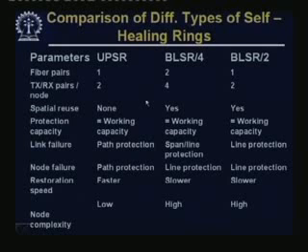So, comparison of different types of self healing rings. What do we mean by self healing? What happens is that the nodes, these ADMs and these SONET gears, are programmed in such a fashion that as soon as they sense a failure, they know what local action to take and how to adjust the switch internally, so that it automatically switches from the working fiber or working span to the protection side.